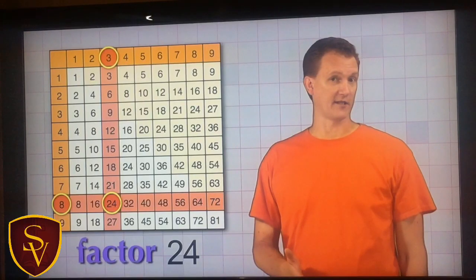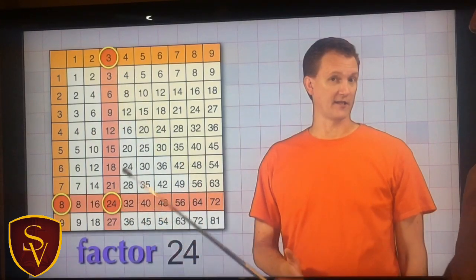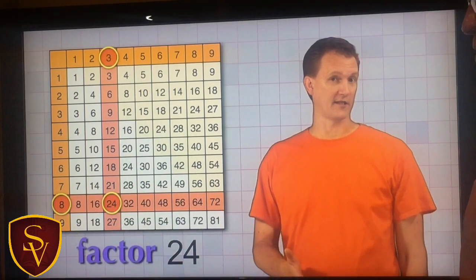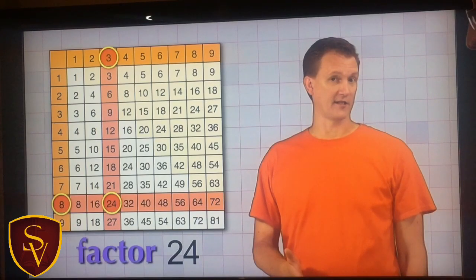We can also see that 24 is a number that could be found with a multiplication of 8 times 3, or 3 times 8, which is going to give us 24. So that means that we can have many ways of getting the number depending on the numbers that we are multiplying.